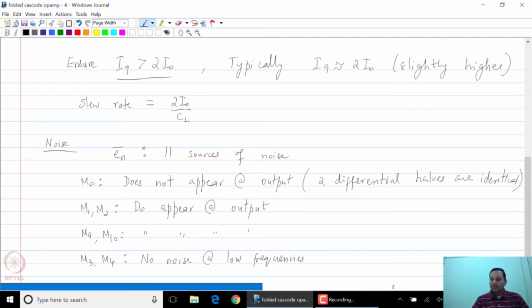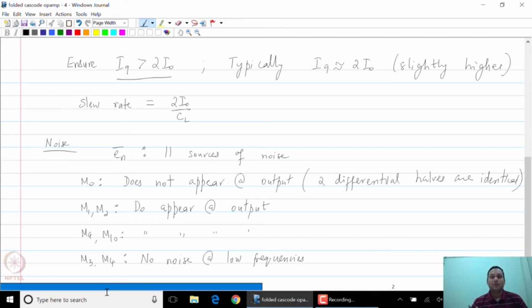I again point out that this is true at low frequencies. At high frequencies, because you have parasitic capacitances at the different nodes, the noise from the cascode transistors can appear at the output. So I will leave that as a homework exercise for you to look at for a simple single-ended cascode. You can also look at folded cascode or a regular cascode.